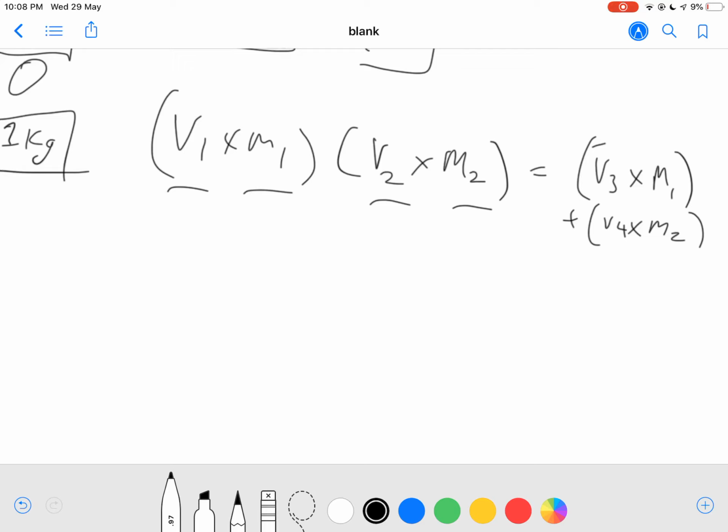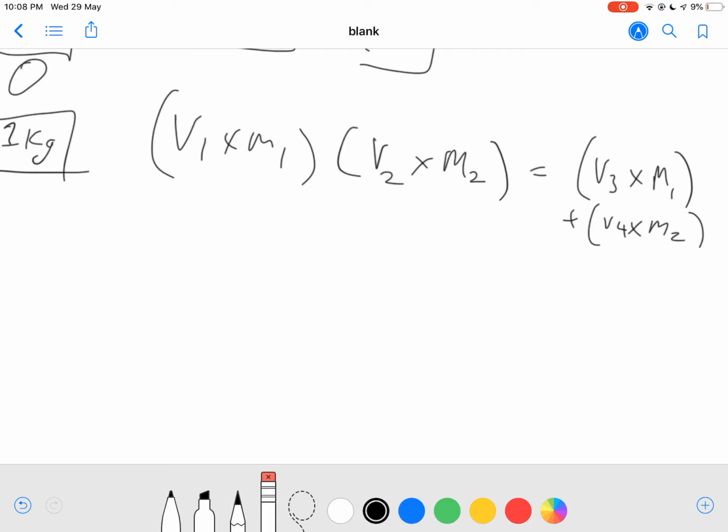If you have one unknown value, you'll be able to find it. For this question, for example, we're trying to work out what v3 is.